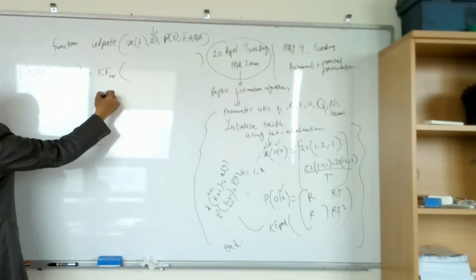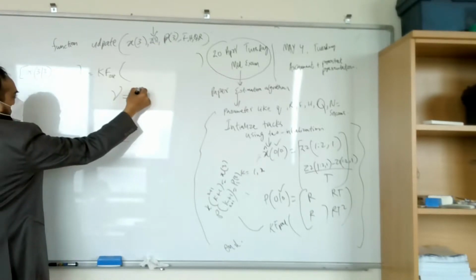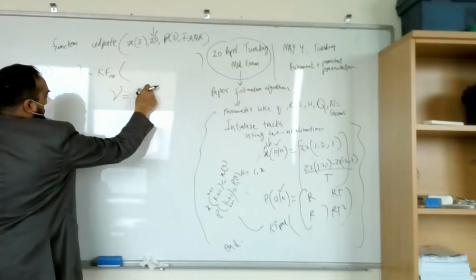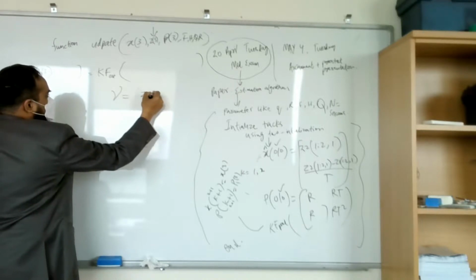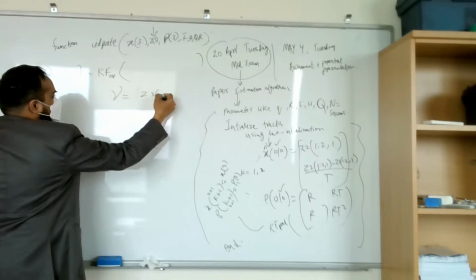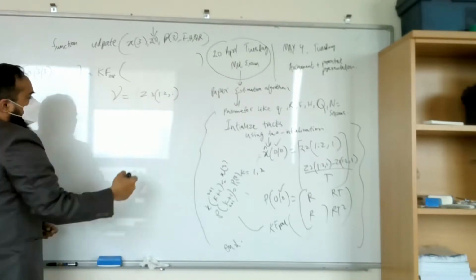So when you find the residue, this is z3, and this may have any dimension.